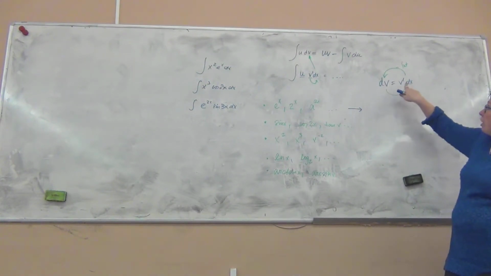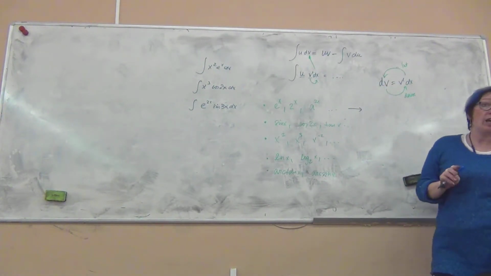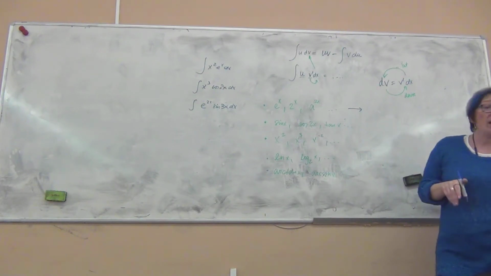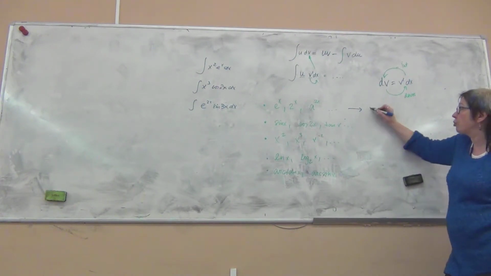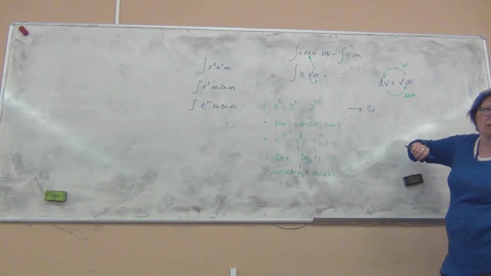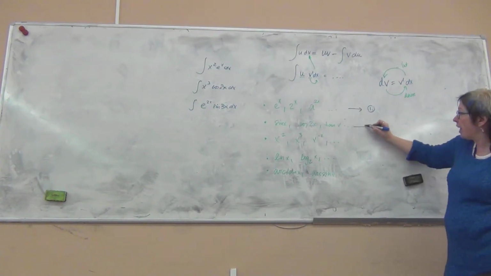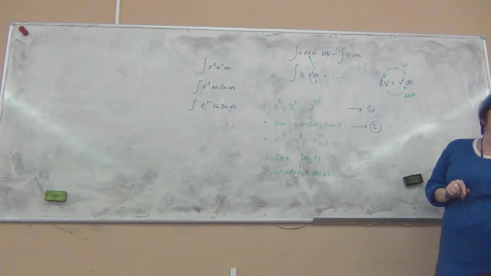So for doing this, the first candidate is exponential function, if it is there. If there is no exponential function, actually I have already written them in the correct order, that's what I usually do. If there is no exponential function, then this is the second candidate.